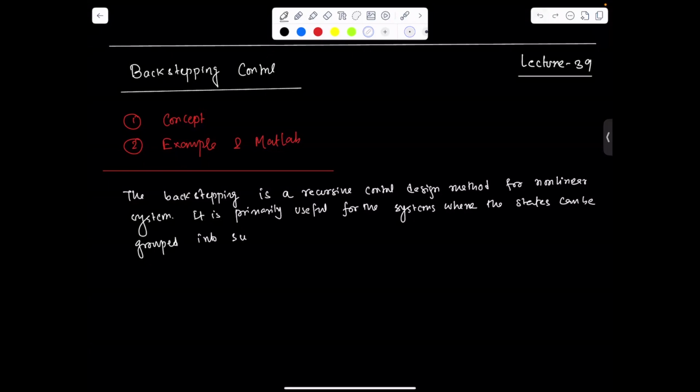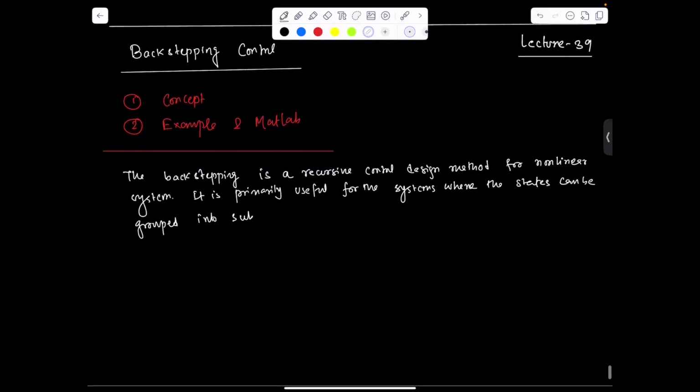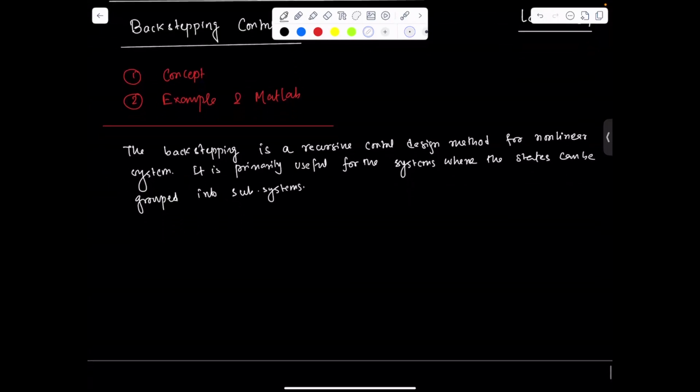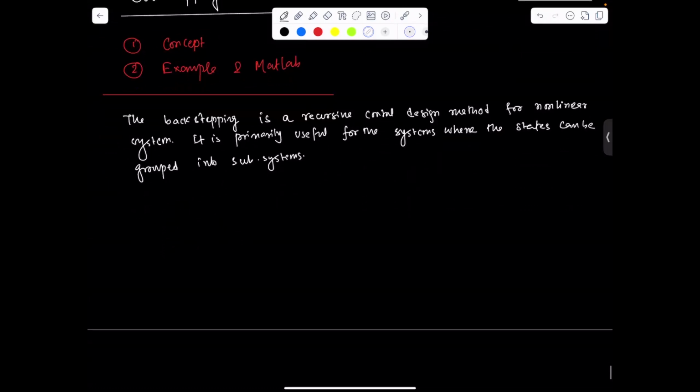And these subsystems actually will have the recursive structure. So here we'll go step by step to see how we can come up with the final control design for a particular system using the backstepping control.